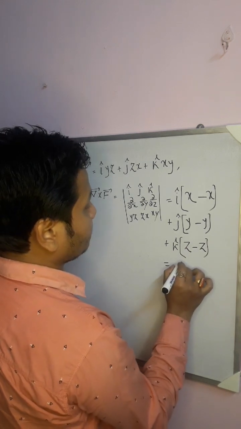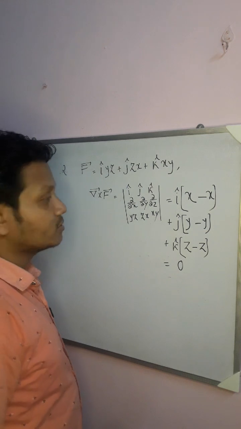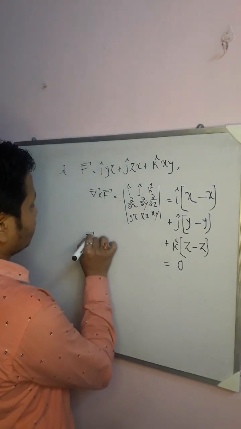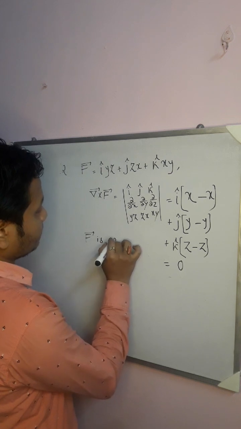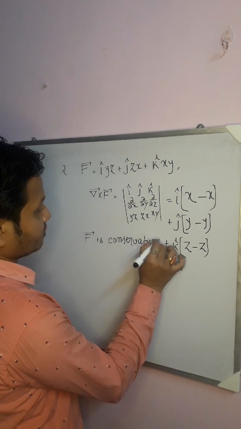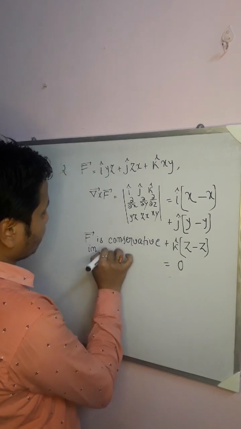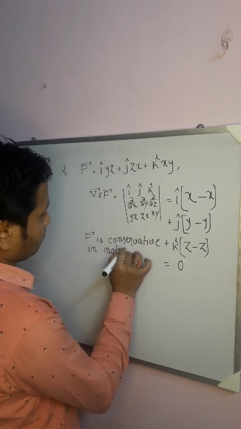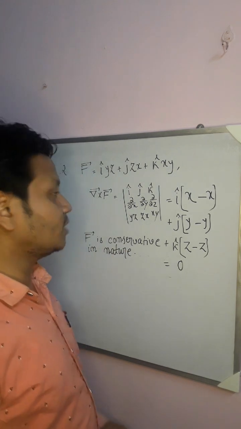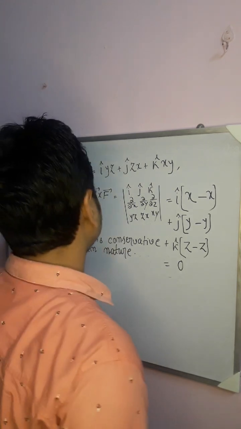So this is simply 0. So we have found that curl F is 0, that means F is conservative in nature. This is the second numerical of today's lecture.